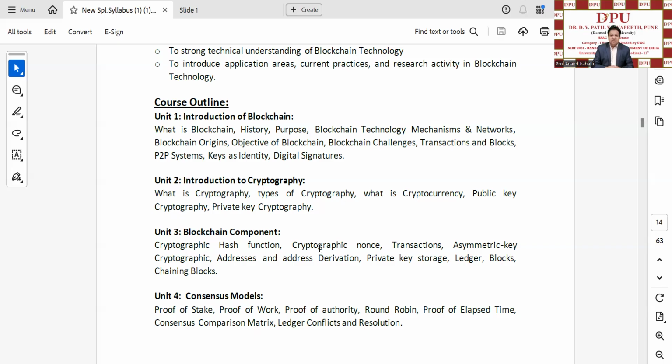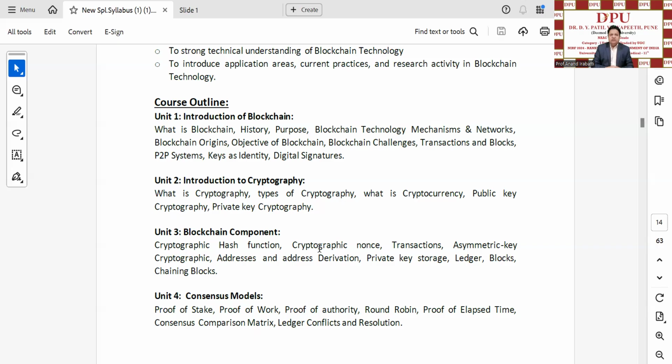If a transaction has to be recorded into the blocks, then first it should be validated. How is it validated? Through the consensus models. So consensus models play a very critical role in the operation of blockchain technology.